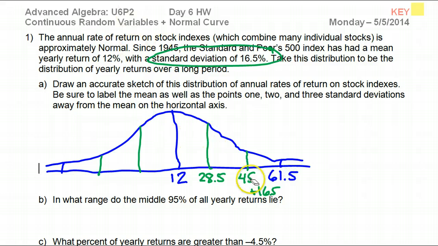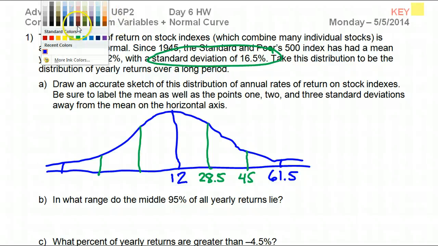All right, and I'm going to do the same thing in the opposite direction. All right, each one of these is 1 standard deviation away, only now I am subtracting. So if I do 12 minus 16.5, I get negative 4.5.